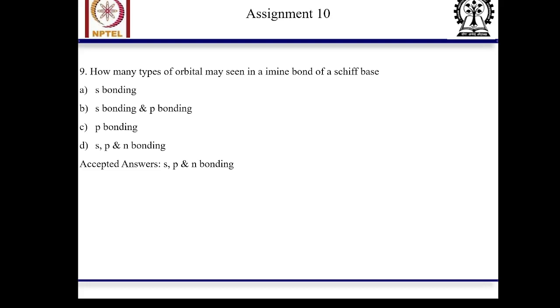Yeah, D is the correct answer that I meant. It has sigma, pi, and non-bonding electrons.